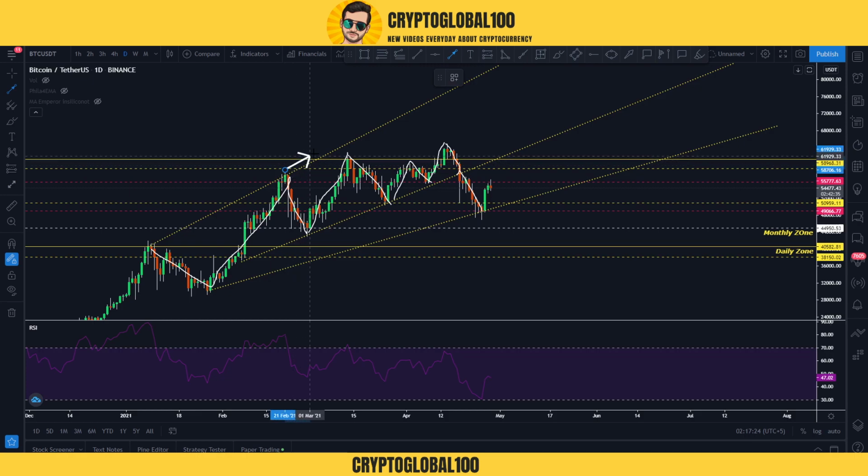The price was moving up from this angle, but here the RSI was making a lower swing low, while the BTC price was making a swing high. So that's why after that the price went down. You see here the price went down.